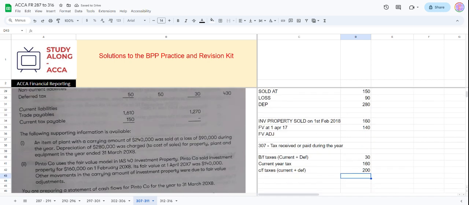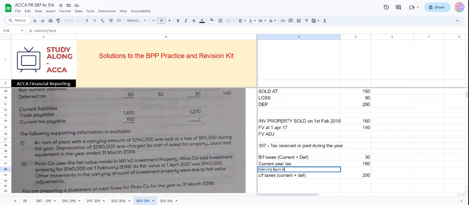So as we can see, if we take these two, it is 190, and the carried forward taxes is 200. So that means we have received the taxes. This will be our balancing figure to calculate tax received during the year, which will be like this minus this minus this.